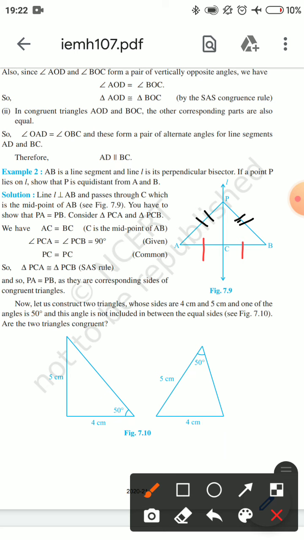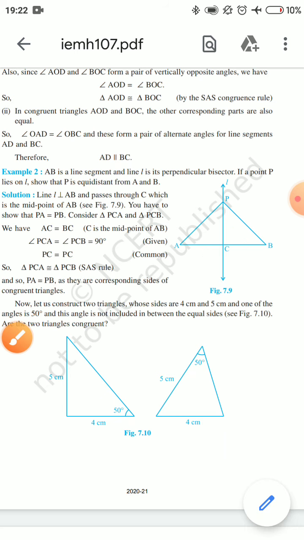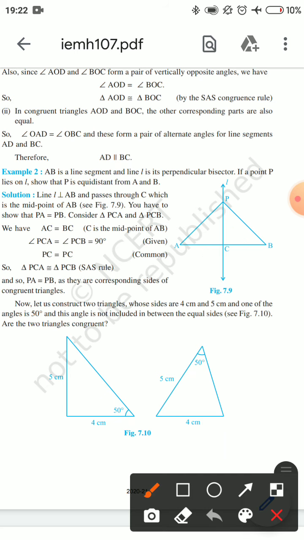So for this you will need to first prove that these two triangles, triangle APC and triangle BPC, are congruent triangles. Then only by CPCT you can say that side AP will be equal to side BP. So our selection of triangle is very important.